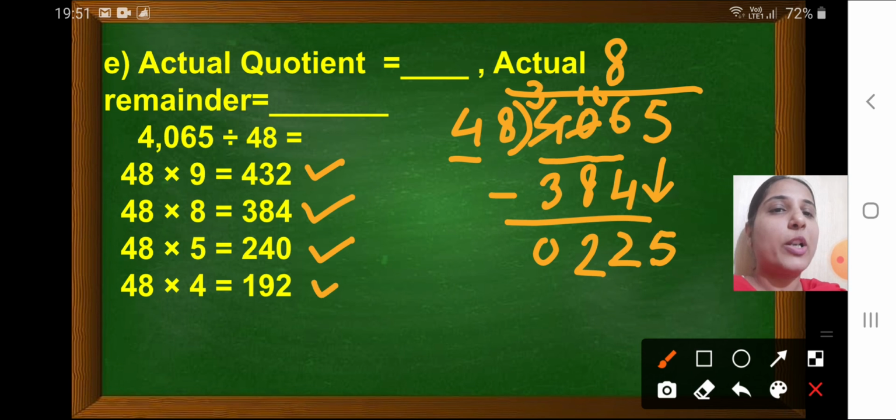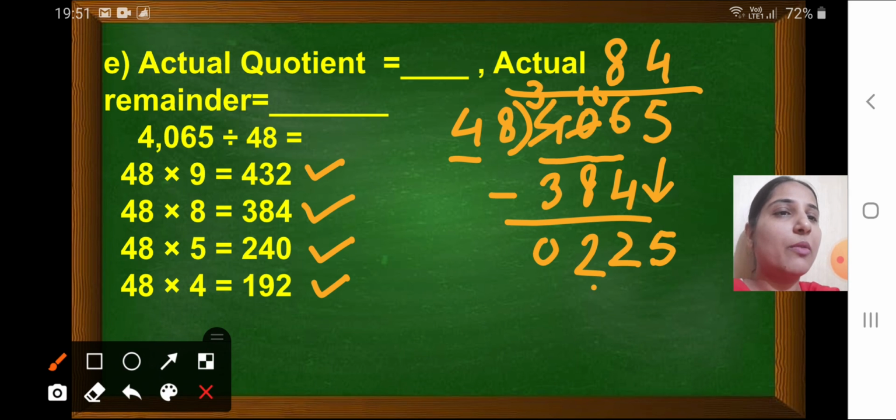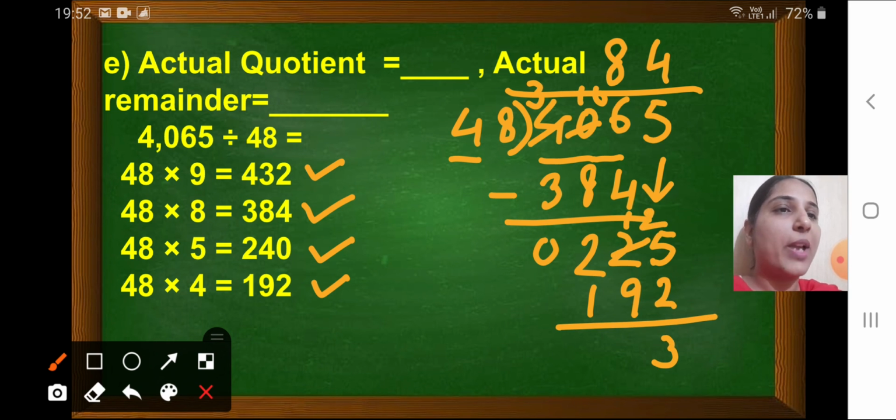So we'll go for 48 4 times. 48 4s will give 192. So 5 minus 2, 3 here. Here we have to borrow. So that will be 12 and 1 will be remaining here. So 12 minus 9, 3. And 1 minus 1, 0.